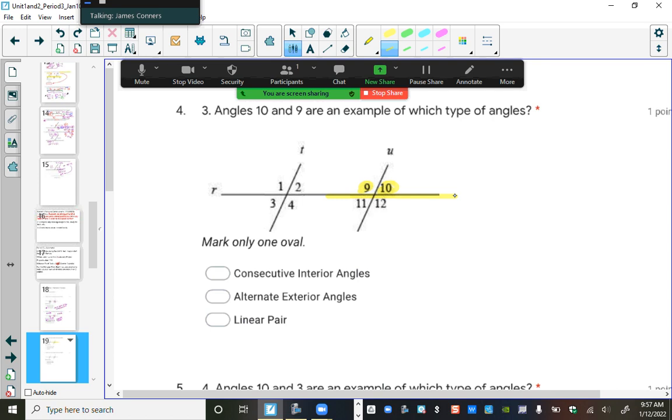And then, I know we don't have to worry about it yet, but if they're a linear pair, what would be the sum of the two angle measures? 180. Very good. They sum up to 180.